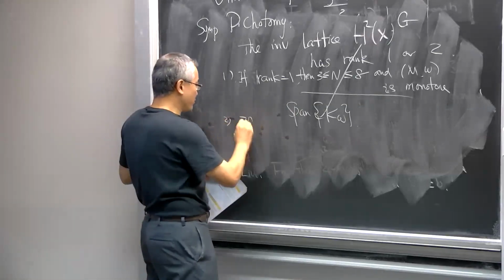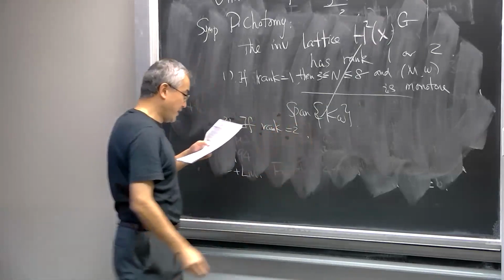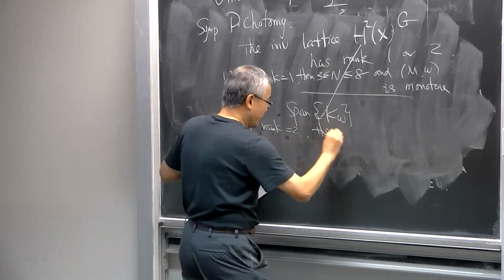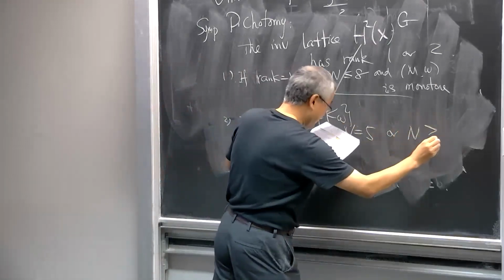If the rank is equal to 2, then n is equal to 5, or n is greater than or equal to 7.